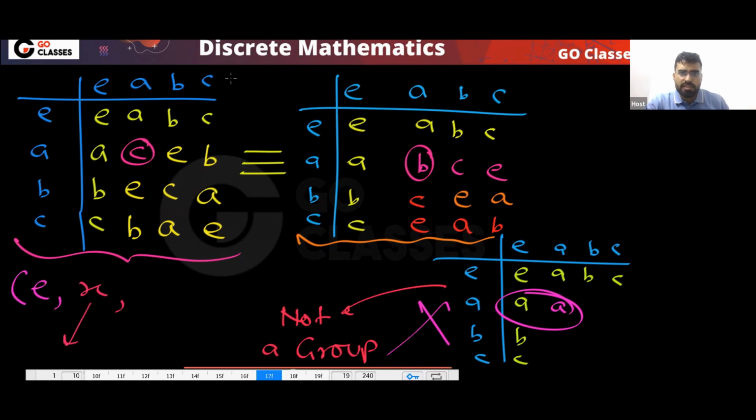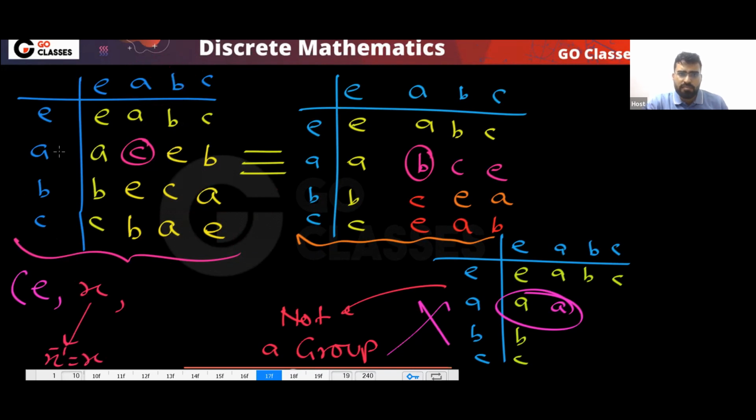In this structure, apart from E, only one element is the inverse of itself. Is it clear? So X inverse equals X. And the remaining two elements are inverse of each other.